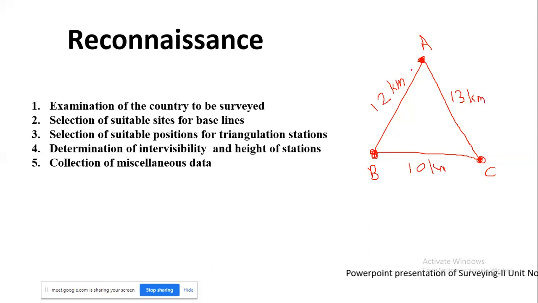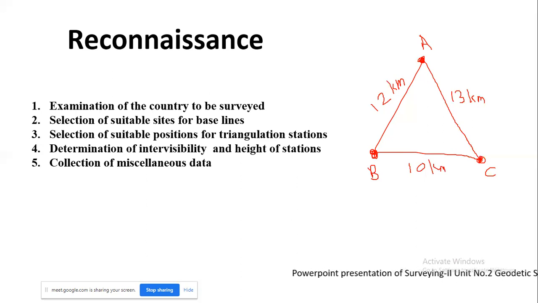If I can see the A point from B, correspondingly the B point should be visible from A, isn't it? That is nothing but intervisibility.